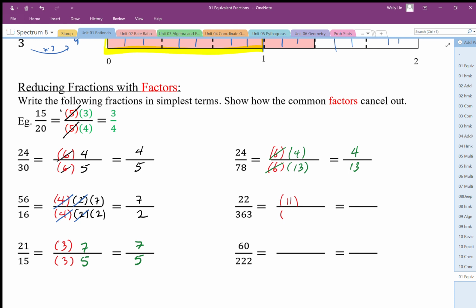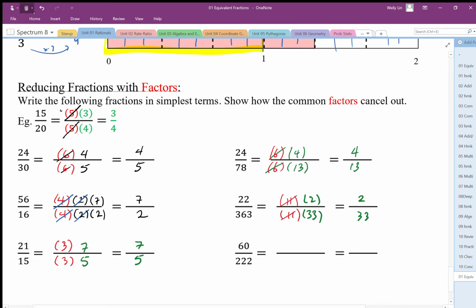So 11 times 33 is going to be equal to 363. I found that by dividing. I'm not really good with my multiples of 33, but since I can find that number by division, I just divided. So then I can cancel my times 11 on top, divide 11 on bottom, and they cancel out. They undo each other. This idea of undoing is really important.